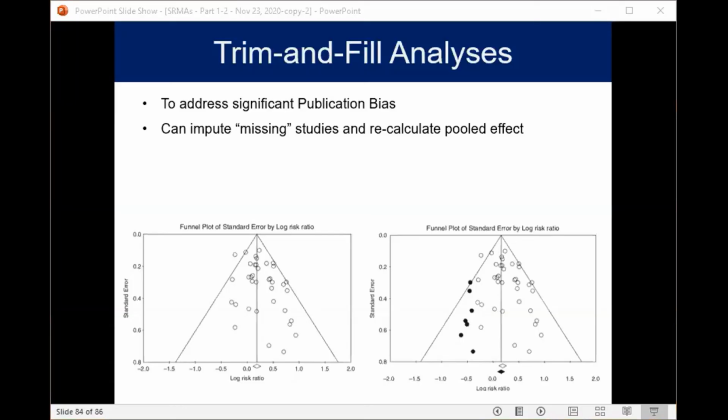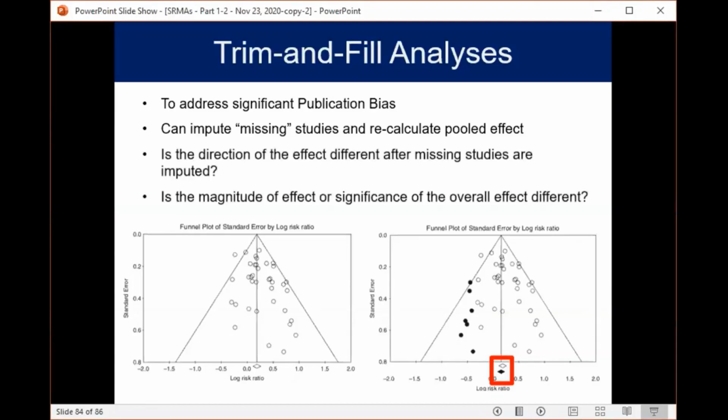To address publication bias, you can perform trim and fill analyses in which those areas in which there are missing studies will be imputed, and then the pooled estimate of the effect is recalculated. To assess whether there is a significant small study effect, we compare the recalculated pooled effect to the original pooled effect.